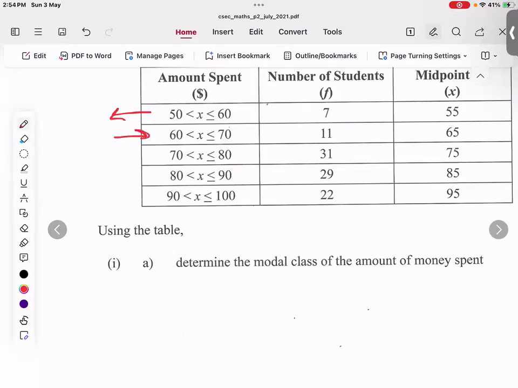This class here involves numbers greater than 60, so 61 up to 70, 71 up to 80, 81 up to 90, 91 up to 100. All right, so make sure you remember that these are called class intervals. Sometimes you have to stop and teach.